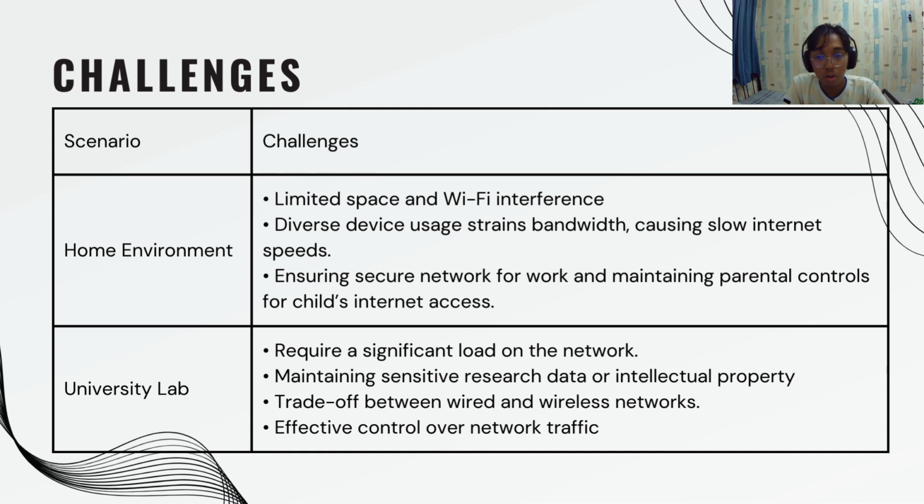The university often faces a trade-off between using wired or wireless networks. Wired connections offer stability and higher bandwidth, but they may limit mobility. On the other hand, wireless connections provide flexibility, but may have lower speed and be susceptible to interference.